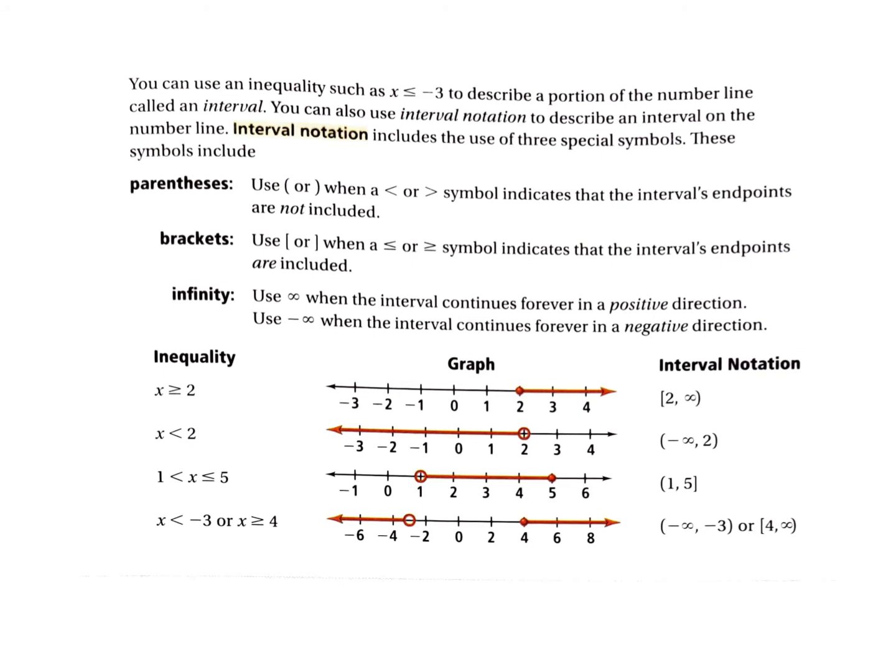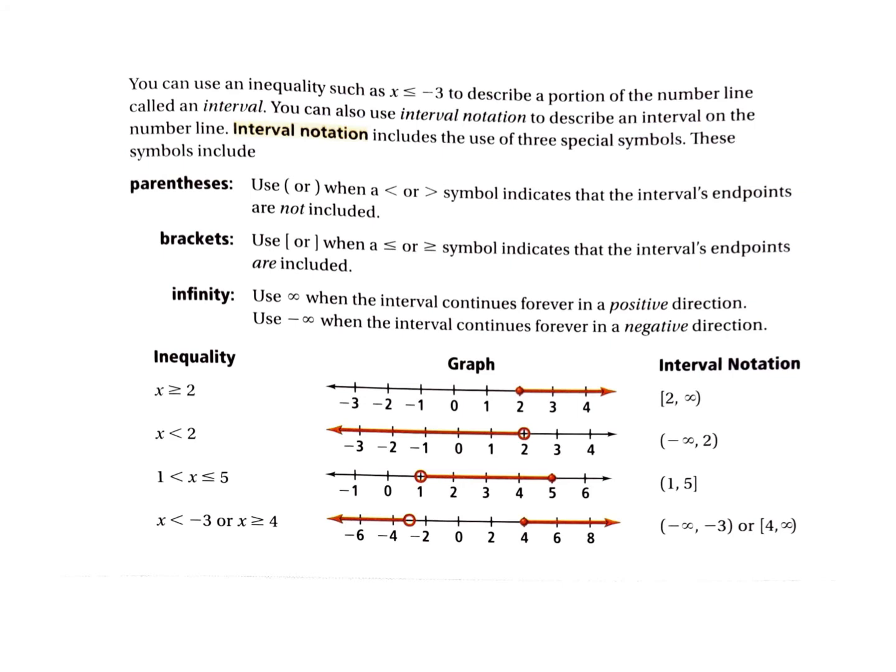The next thing they talk about in the book is interval notation. Interval notation, we've already talked about. Parentheses doesn't include the endpoints, brackets includes the endpoints, and then we talk about positive and negative infinity.